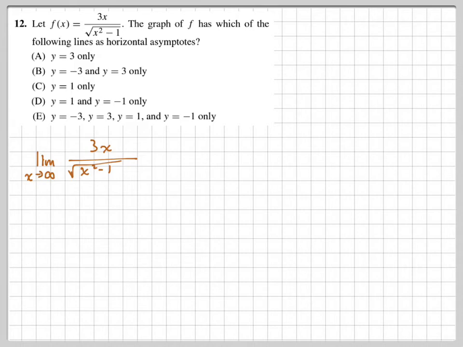So let's plug in infinity in the top. If I plug infinity into this x, the numerator goes towards infinity. Just think about the graph of 3x. As we go to infinity, this also approaches infinity. So we get infinity on the numerator.